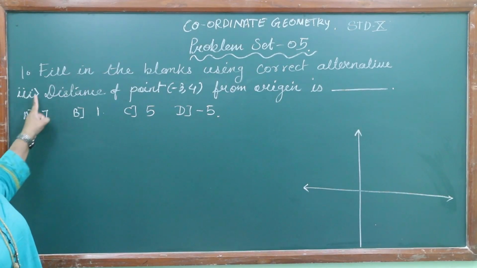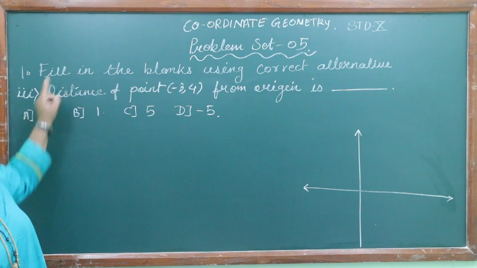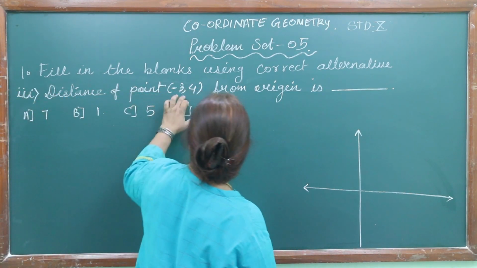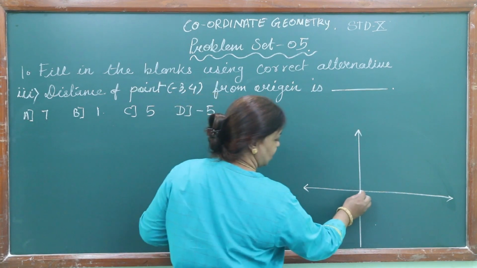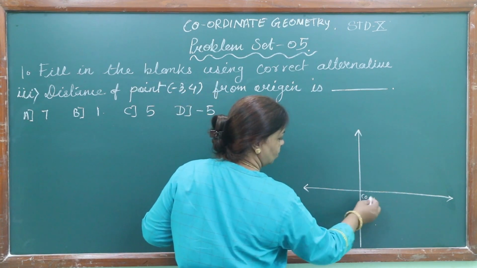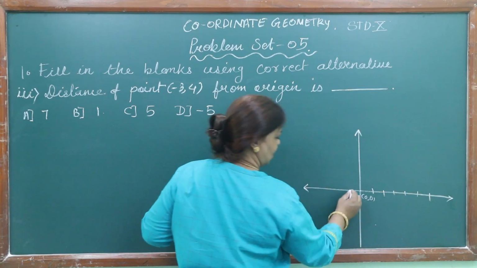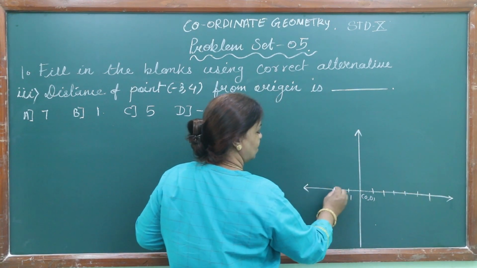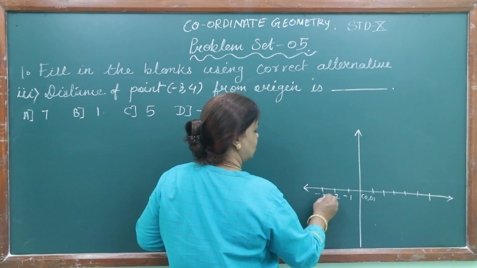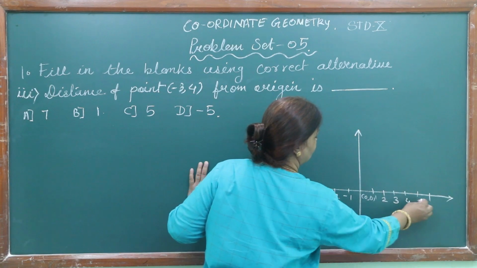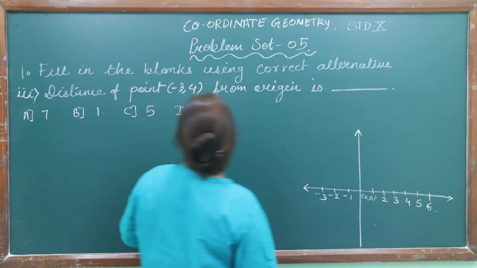Sub question 3, fill in the blank. Distance of the point (-3, 4). Let us see where the point (-3, 4) is. This is the origin (0, 0). So 1, 2, 3, 4, 5, 6. And this is -1, -2, -3, and 1, 2, 3, 4, 5 and 6.